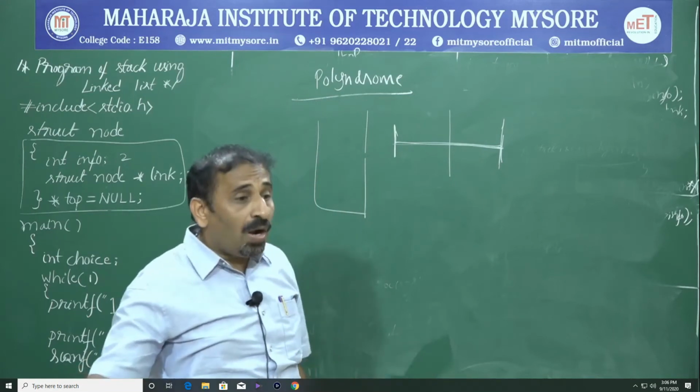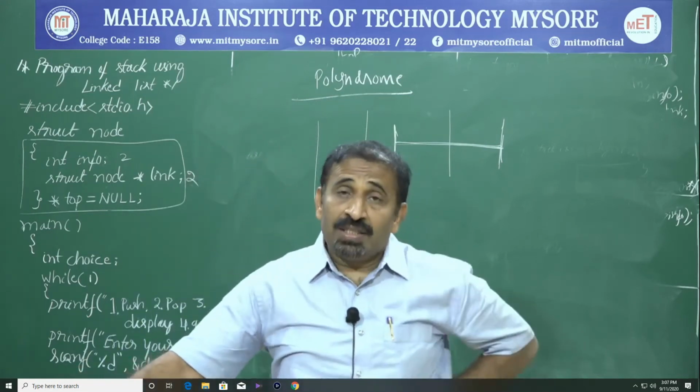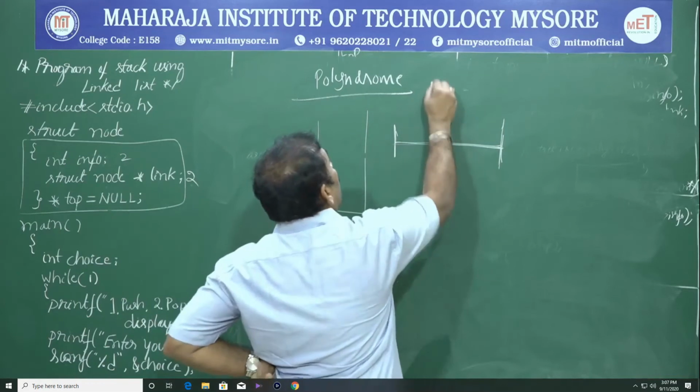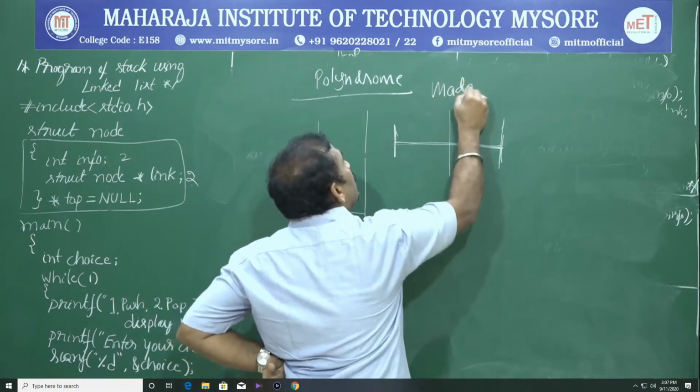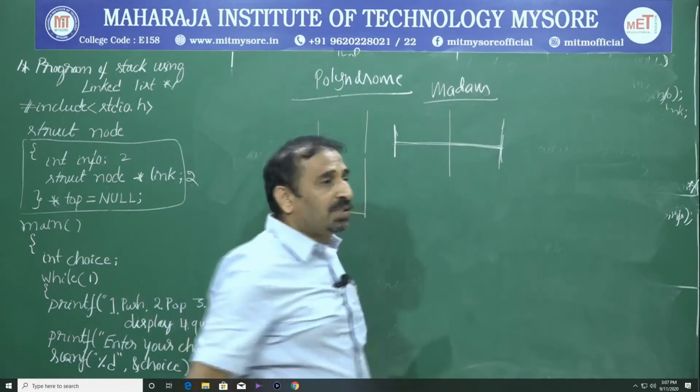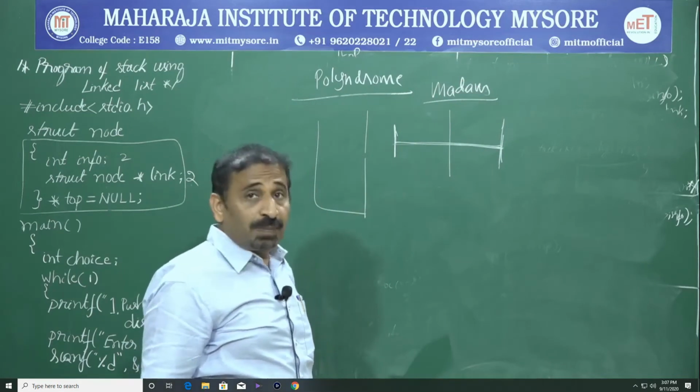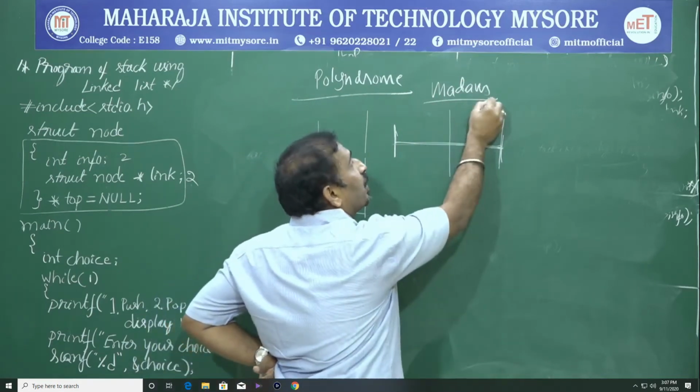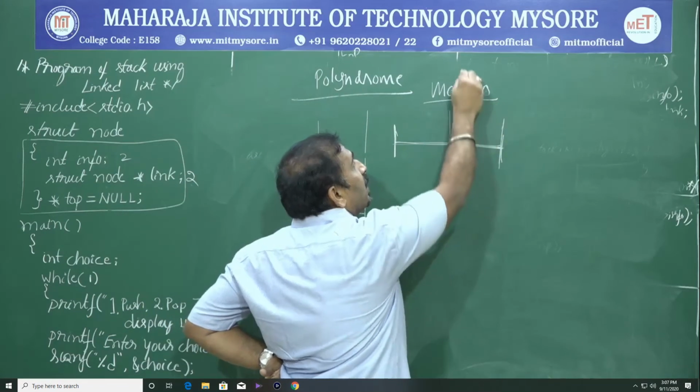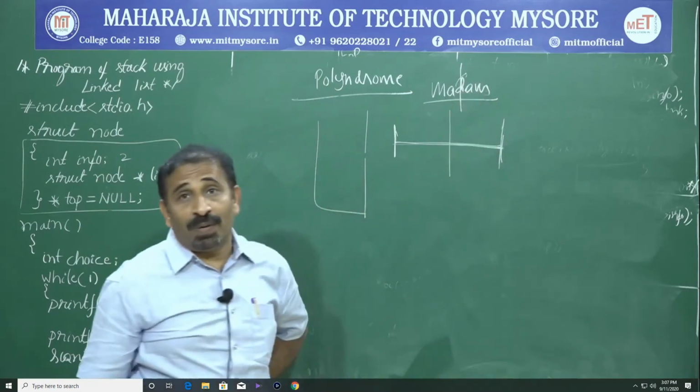If you get odd-numbered size data, for example in this example MADAM, it is basically a 5-character palindrome. Here the size is 5, so what you do is divide this and just leave out the middle one.